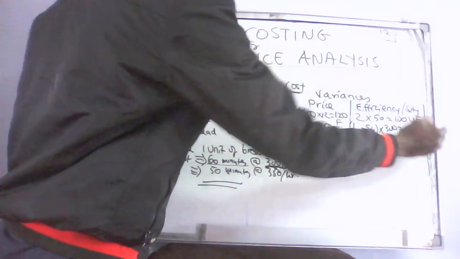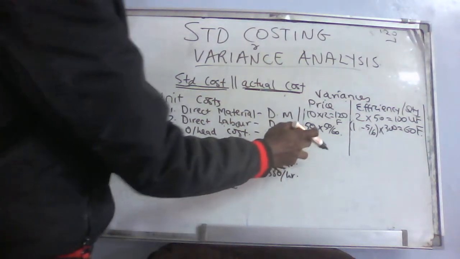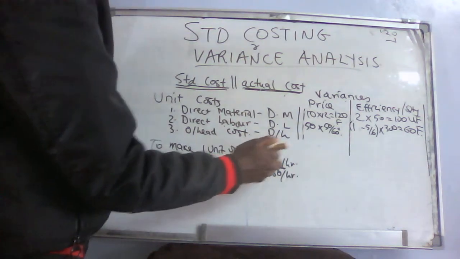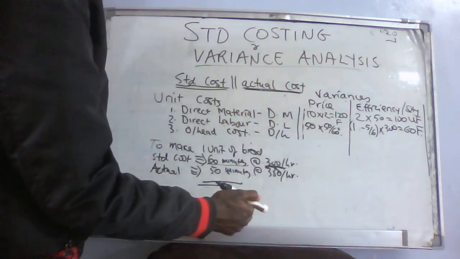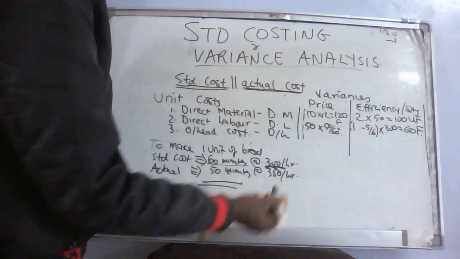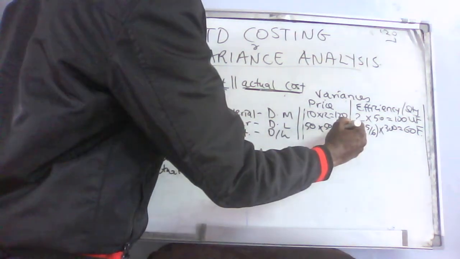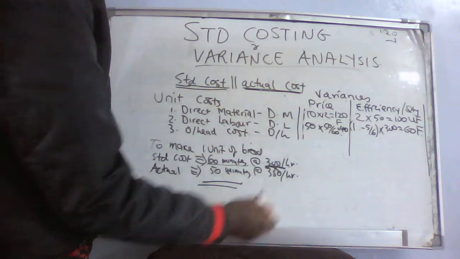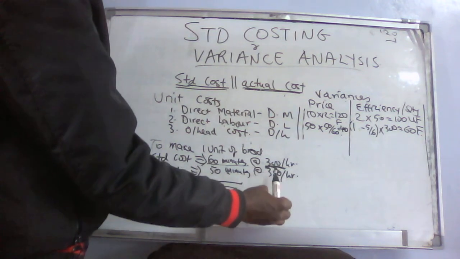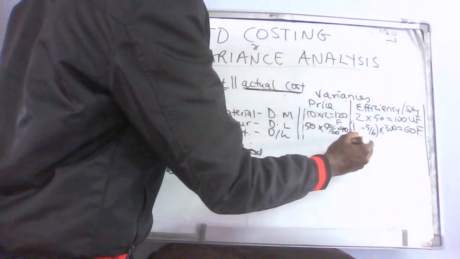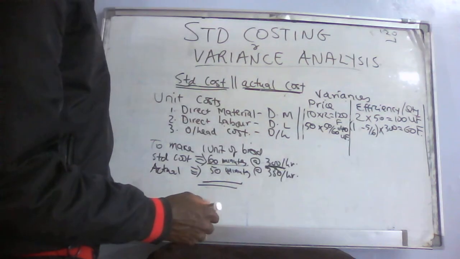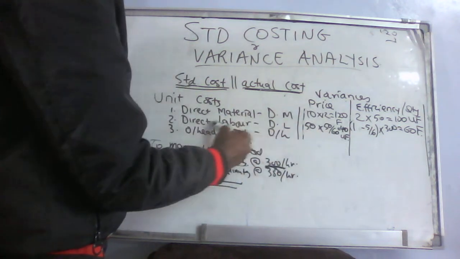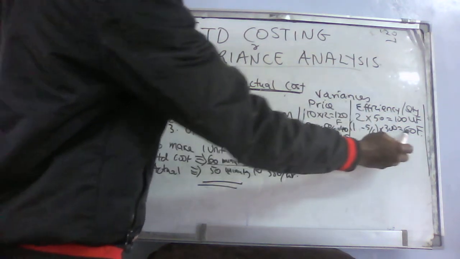For the price variance, it should be 50 times 0.8, which is about 40. Is it favorable or unfavorable? We thought we would pay 300, but we paid 350, so this is unfavorable. The direct labor price variance is 40 unfavorable. The direct labor efficiency variance is 60 favorable.